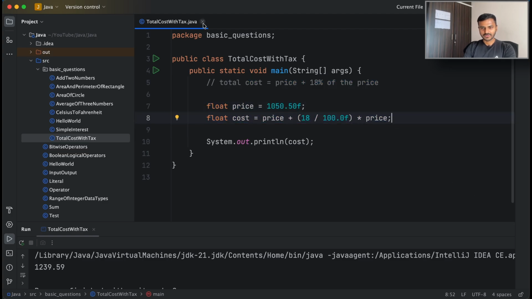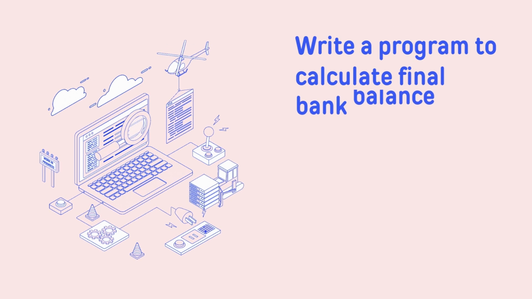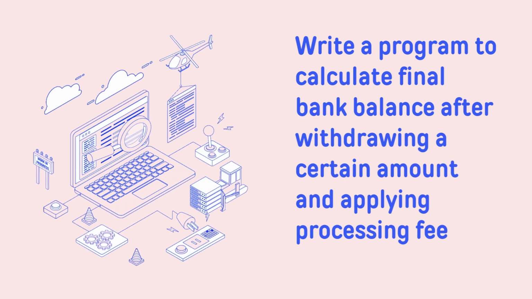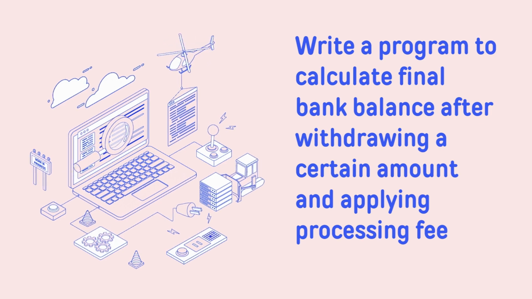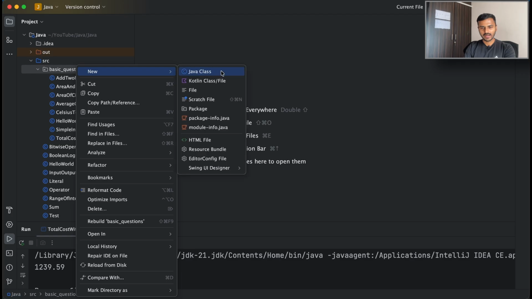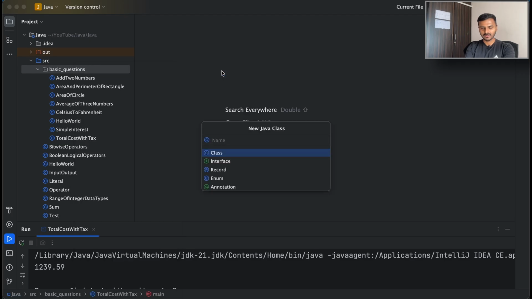Now for the next question, which is given bank balance and the withdrawal amount, what you need to do is find the fee that is implied, and the fee is 2% of the amount that is withdrawn. And then you'll have to calculate the remaining balance at the end. So for that, let me first of all create a new class and let's name this class RemainingBankBalance.